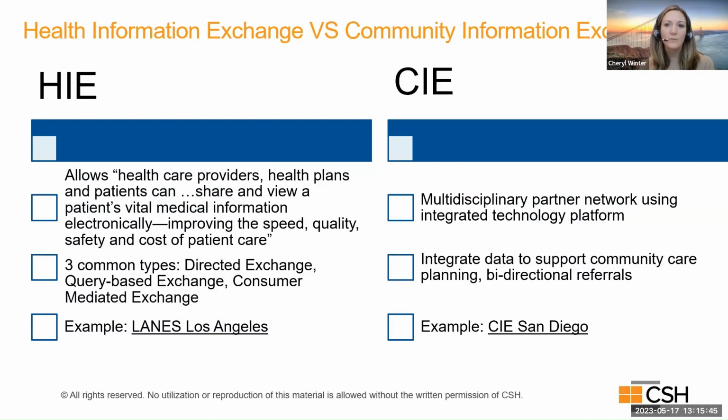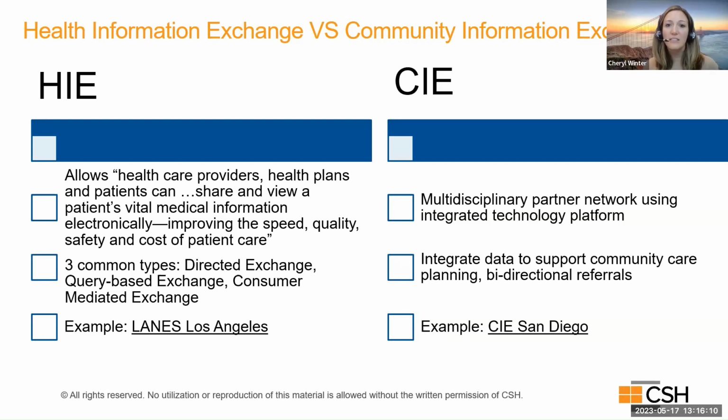Okay, so health information exchanges and community information exchanges, when I think about these two, they are portals that essentially allow multiple providers to enter in data and share data across the platform. In a community information exchange, it's often much more broad than just healthcare providers. So it could be any other social service agencies.